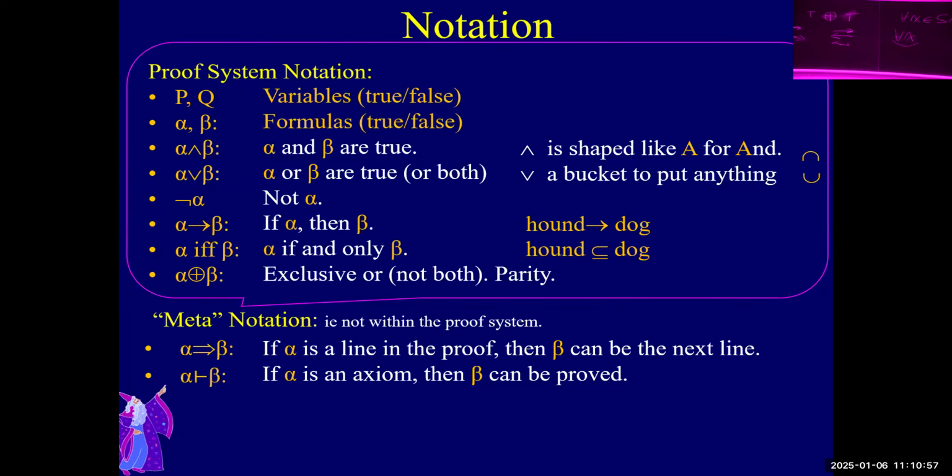But if you don't know that about your proof system yet, then these are different statements. One says, if one is true in your universe and the other is true in your universe, it's talking about truth. And the next one is talking about your proof system, right? In my proof system, if I can prove alpha, then I can prove beta.